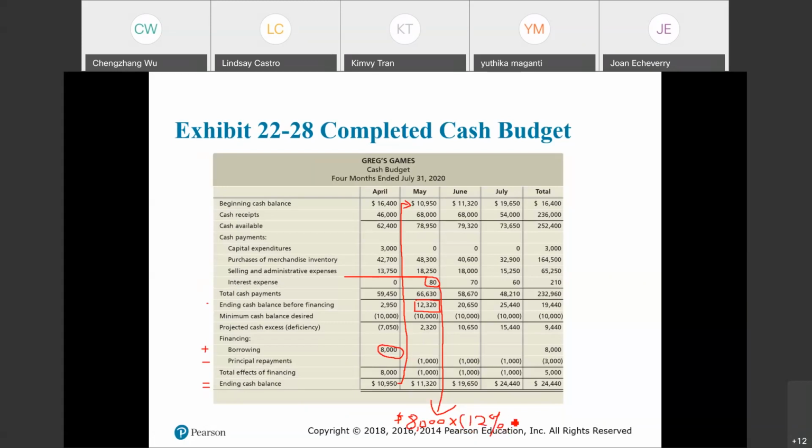To calculate the monthly interest rate from the annual interest rate, we have to multiply by 1/12. This is how we get $80.